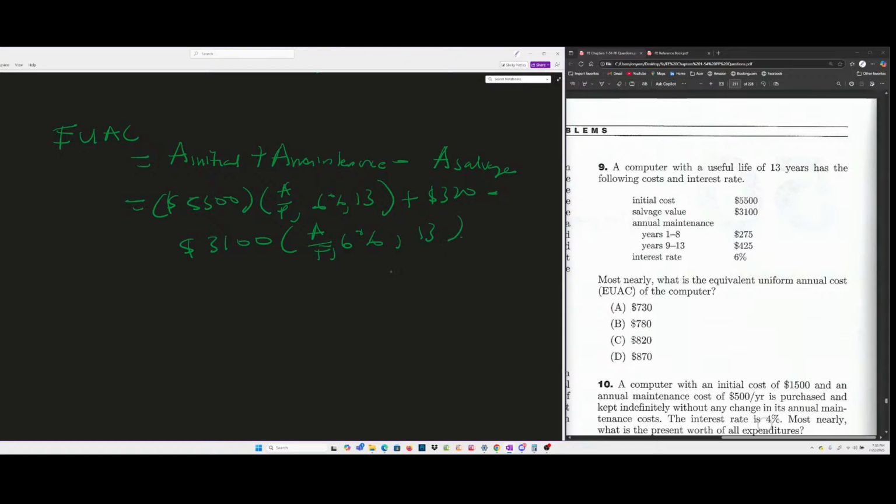When we do all this math and use the table, we're left with 777, which is B.